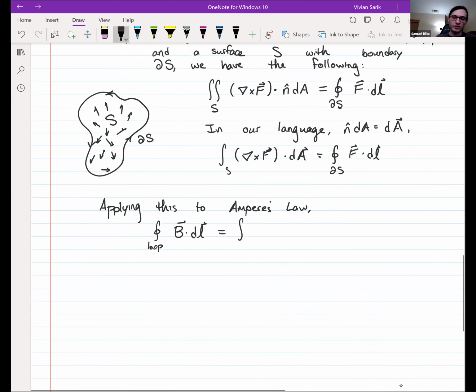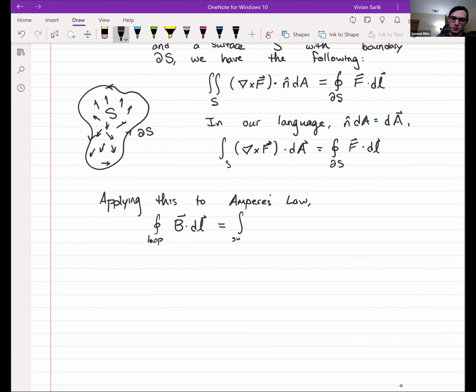So this integral is over the surface enclosed by the loop. So basically, we started off with just a loop, and then this integral is over the stuff inside the loop. And this is an integral of the curl of the magnetic field dot dA.